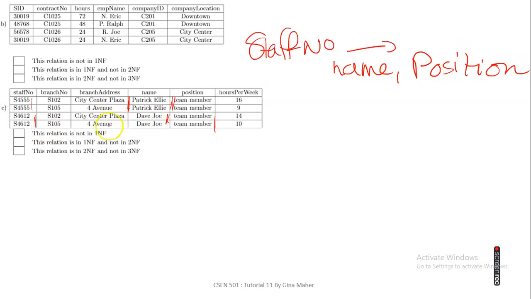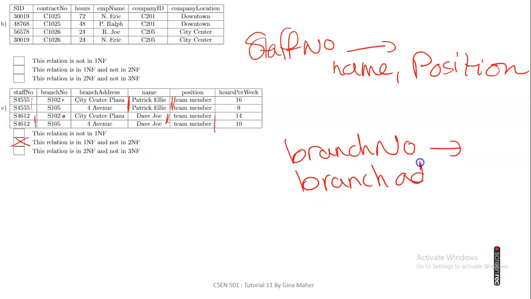So first, this relation is in the first but not in the second. We are going to check it. The branch number, whenever it's changed, the branch address changes as well. So branch number implies the branch address.